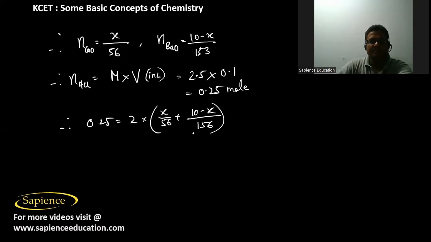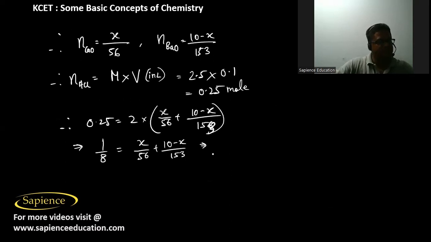So here, 0.25 means 1 by 4, so I can say 1 by 8 is equal to x by 56 plus 10 minus x by 153.